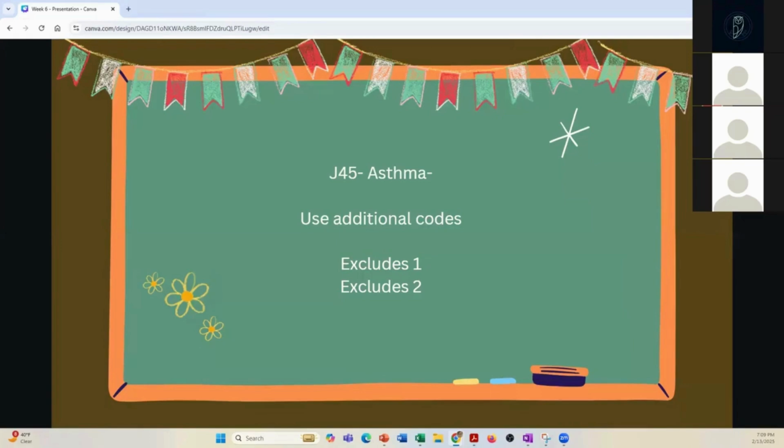Now, there is also an Excludes1 right underneath that, and an Excludes2. I'm going to go over what those mean again because it's been a little while since we talked about it.